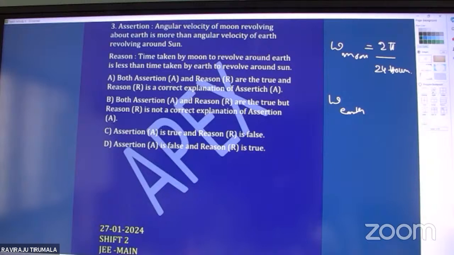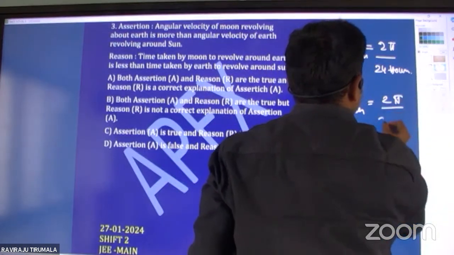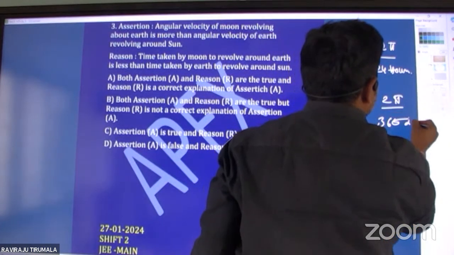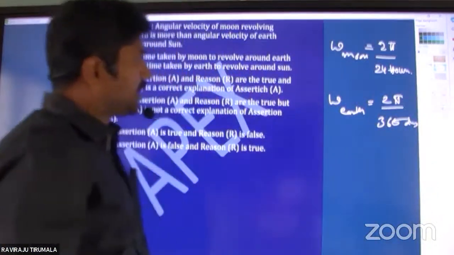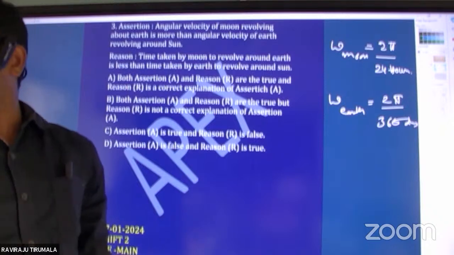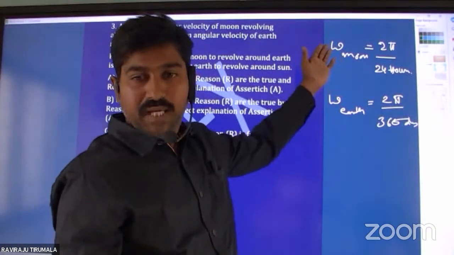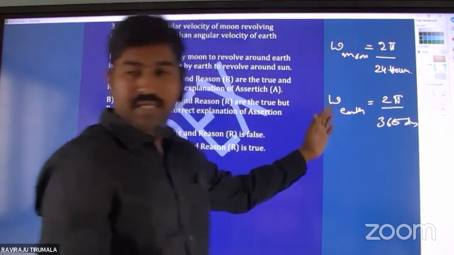So it will be 2 pi by 365 days. Which will be more here? Omega moon will be more because the denominator value will be less. So omega moon will be greater than omega earth.